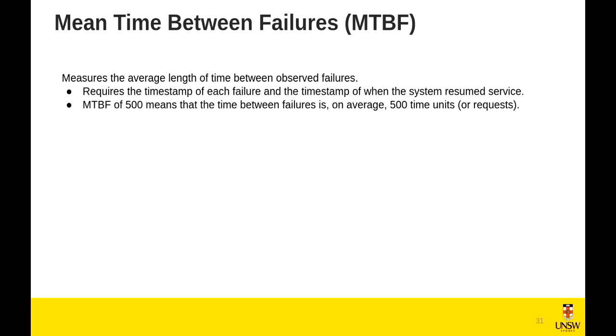And we also need to keep track of the time when the system has restarted, resumed, or continued execution. So we need to keep track of all this information. An example is if MTBF is 500, then it means that the average time between two failures is 500 time units. So this is the definition here.